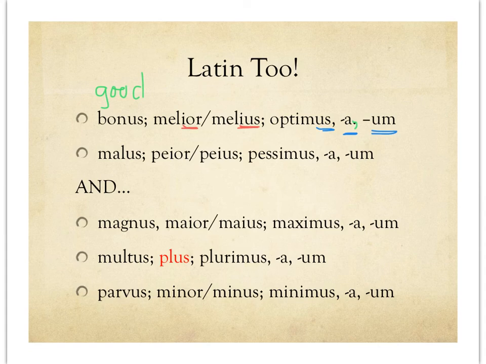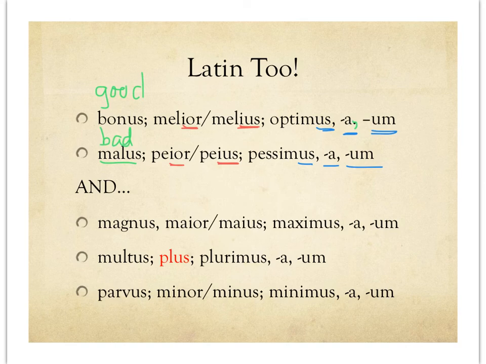The same is true for the adjective that means bad, malus. The comparative is peior, or peius in the neuter, and the superlative is pessimus, pessima, pessimum. So again, the endings are really regular, but the root is completely strange.